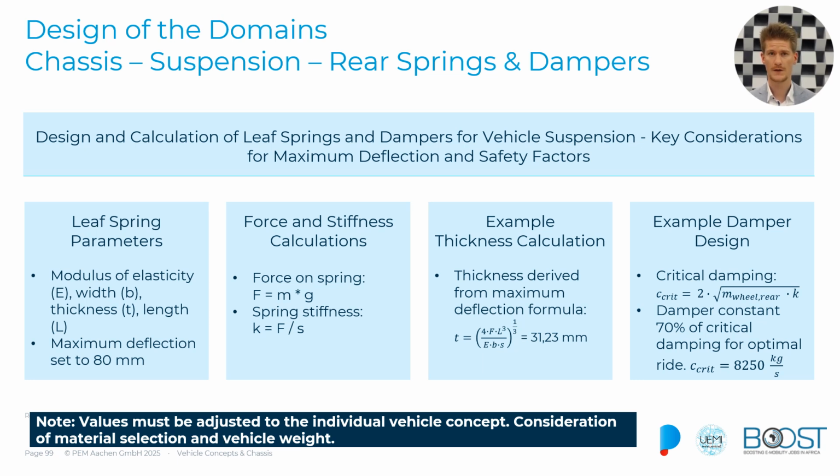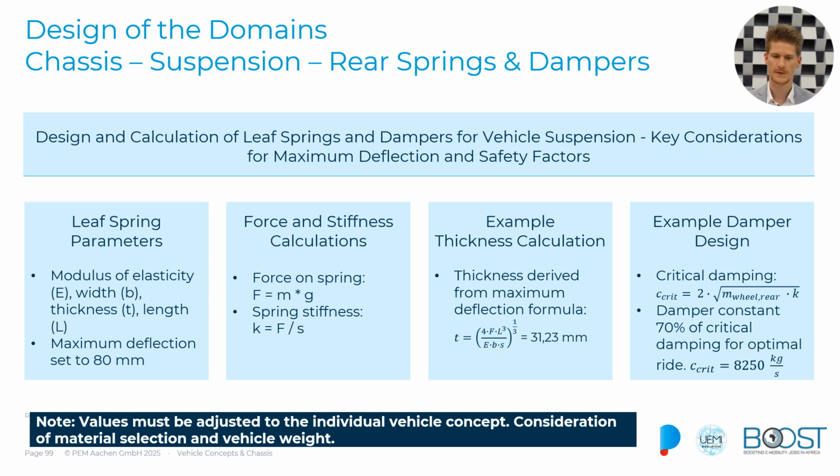If you move on, we are heading towards the chassis suspension and now the rear springs and dampers. There is also some calculation to take place. So we have the calculation of the leaf springs and the dampers, and the key consideration that we have here is the maximum deflection.